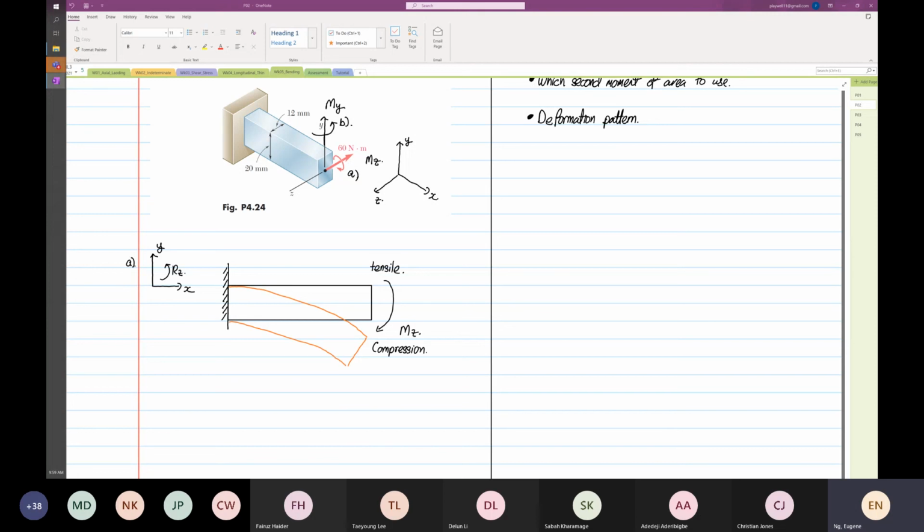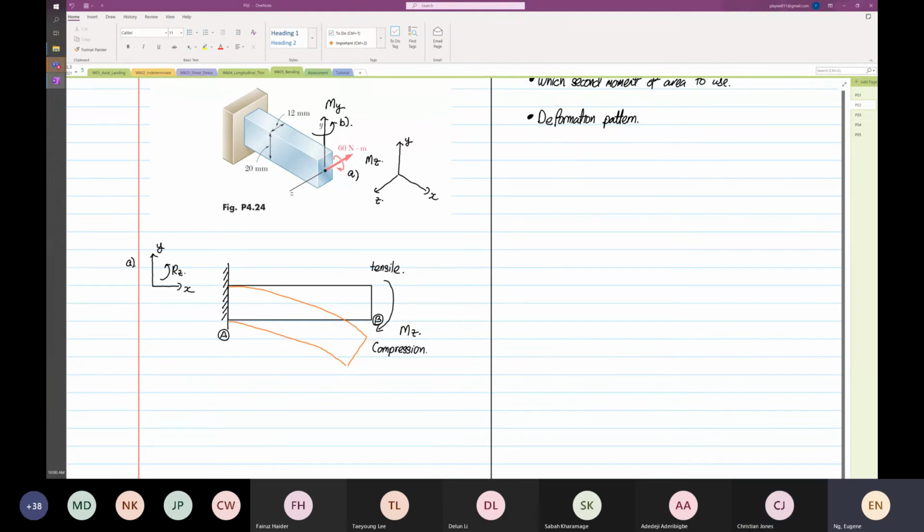I'm going to call this the wall end. This is point A, and this is point B. Can anyone tell me if this structure were to fail, is it going to fail at point A or at point B? Anyone, please?